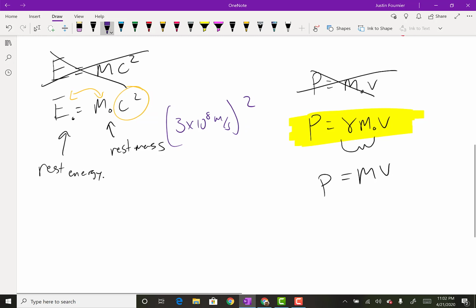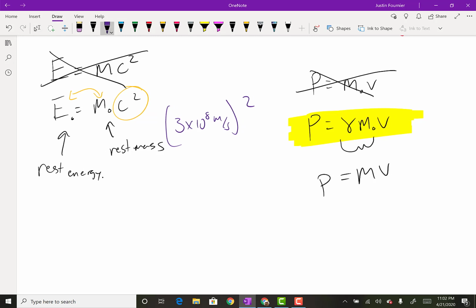Pretty cool. However, that's just the rest energy. What would be the total energy? Well, it's going to be gamma times your rest mass times c squared.